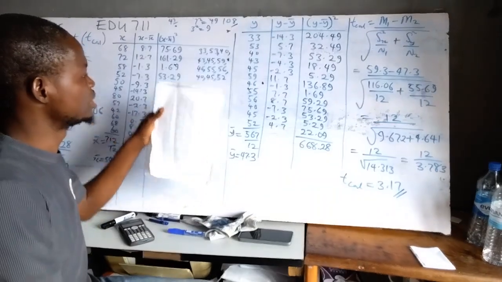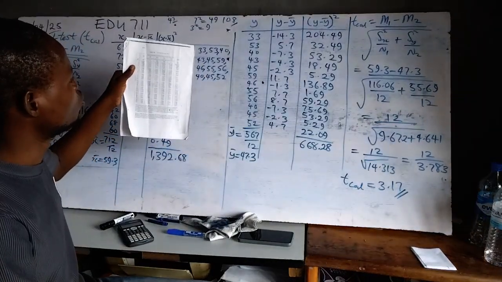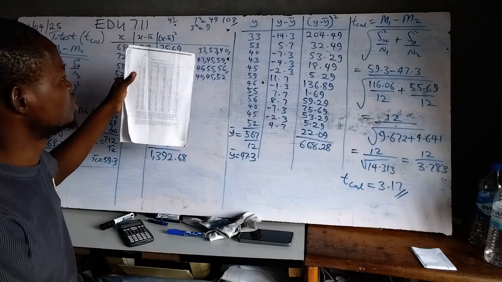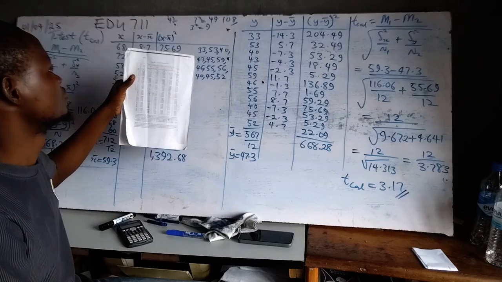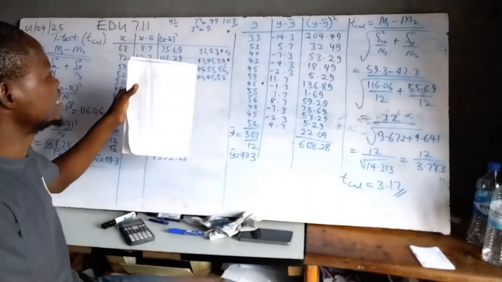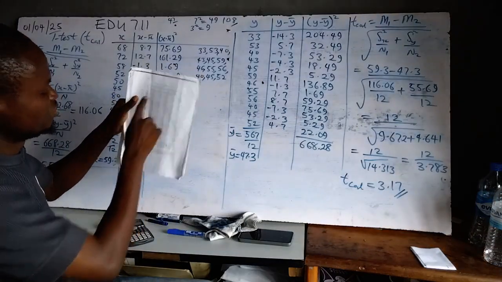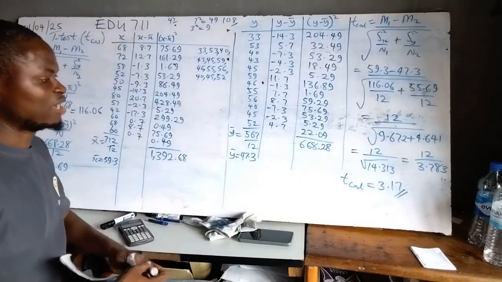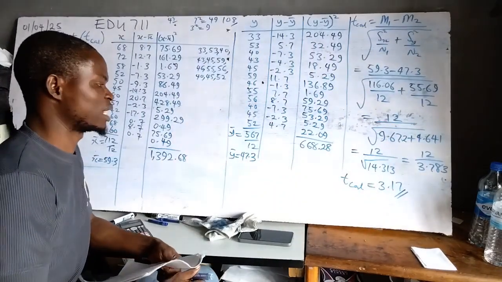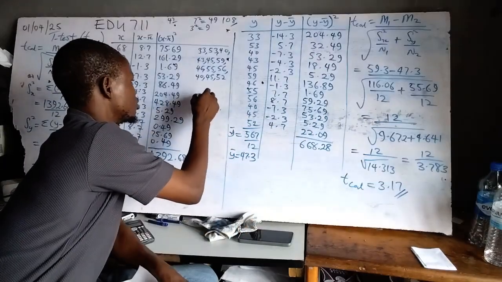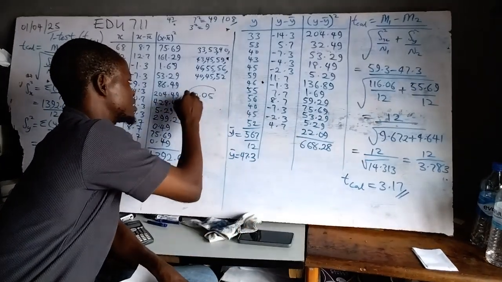You will see on it critical values of t. So now we need degree of freedom and we need level of significance. Our level of significance is usually 0.05. So take note of that.